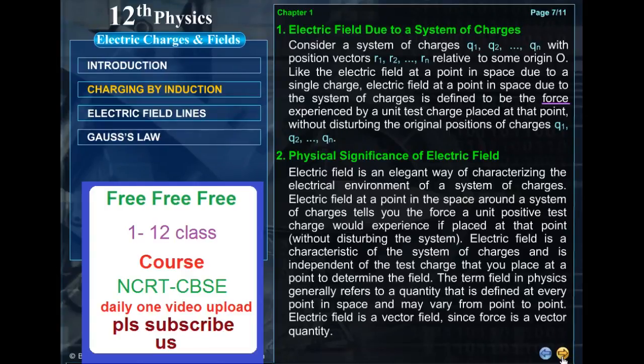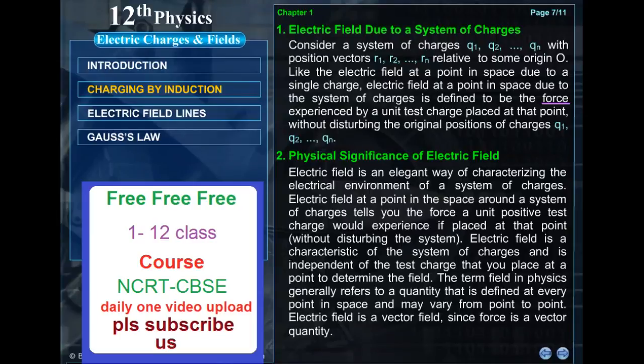Electric field at a point in the space around a system of charges tells you the force a unit positive test charge would experience if placed at that point without disturbing the system. Electric field is a characteristic of the system of charges and is independent of the test charge that you place at a point to determine the field.